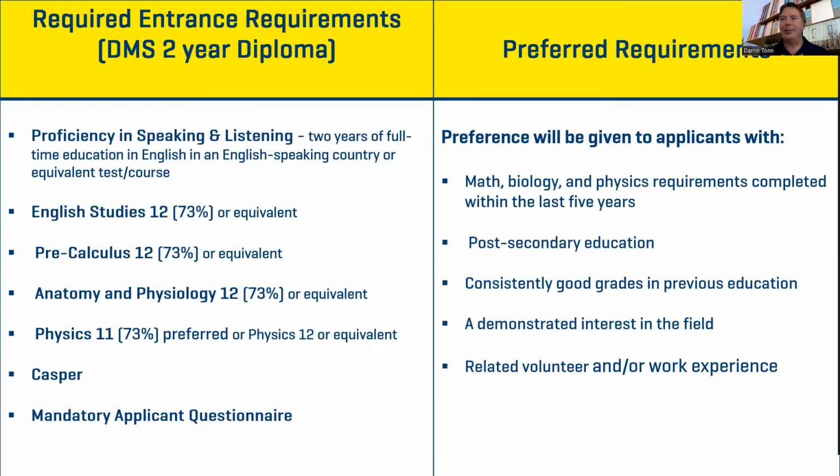Now let's review the requirements. As you can see, there's proficiency in speaking and listening, English studies 12, PreCalculus 12, anatomy and physiology 12, physics 11 or physics 12, and Casper, which is an online test, and the mandatory applicant questionnaire.